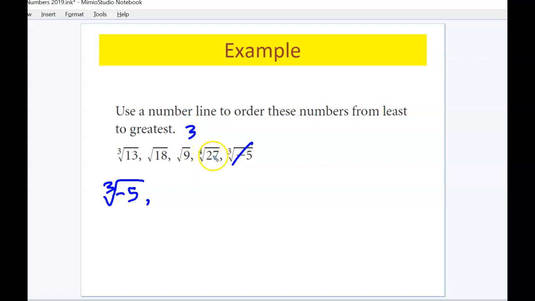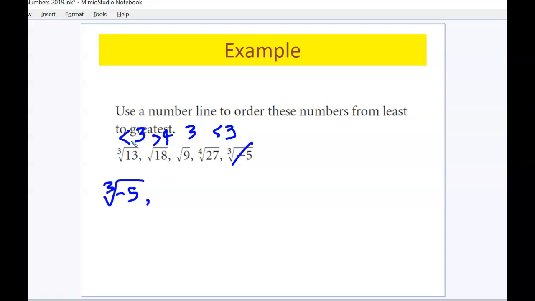I know the fourth root of 27 has to be less than 3 because the cube root of 27 is 3, so the fourth root would have to be less. We know that the square root of 18 is going to be greater than 4 because the square root of 16 is 4. And the cube root of 13, we know that that's going to be less than 3.